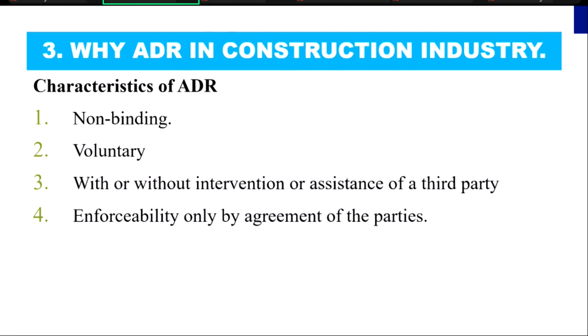So let's say a contractor and probably a client differed on something. They can call in a consulting engineer to help them bridge their difference. So mediation is just an aided negotiation by a third party.